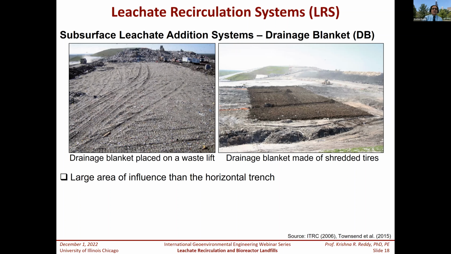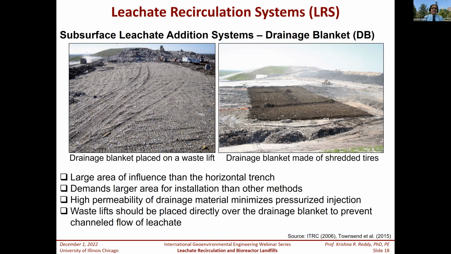The leachate gets distributed through this permeable material and then infiltrates down, so you have a larger area for infiltrating the leachate into the waste. This is another option, but the most commonly used options are the trenches and the vertical wells.